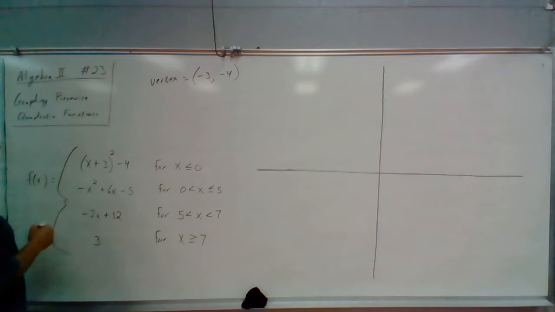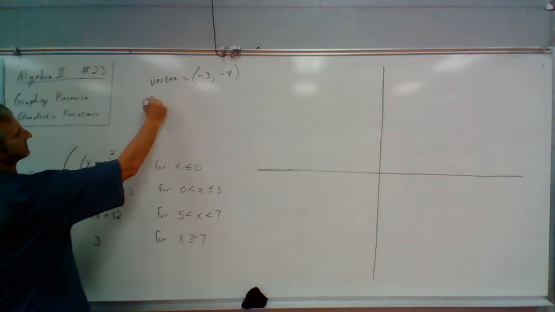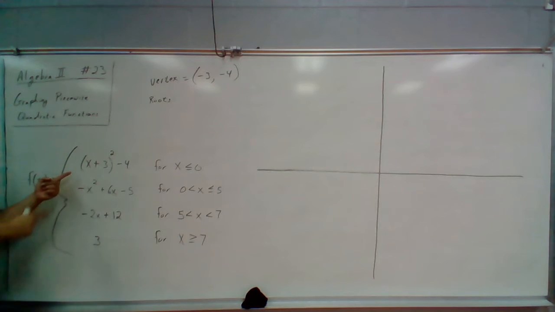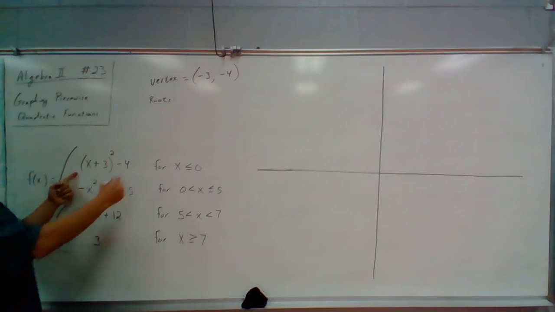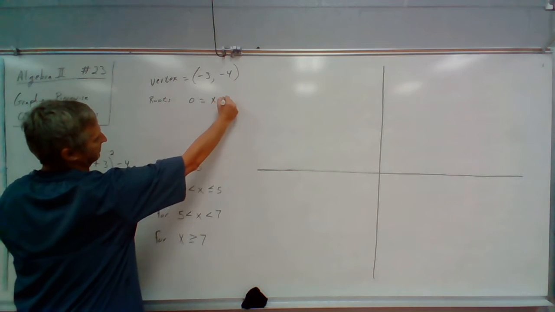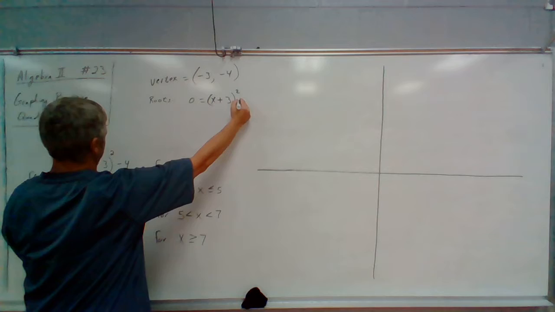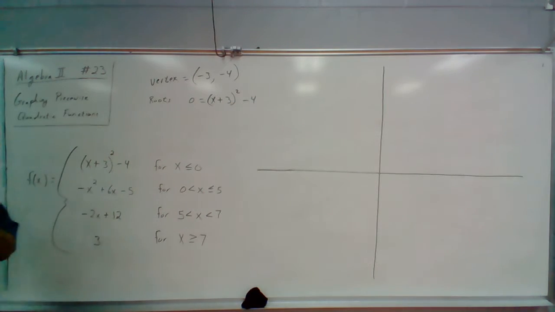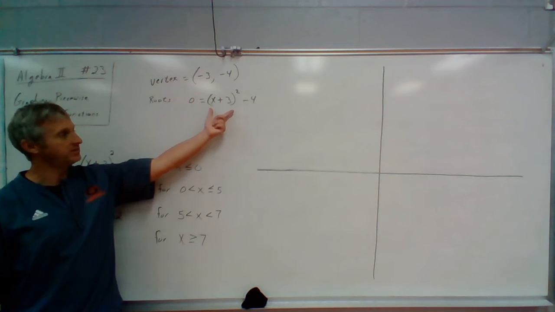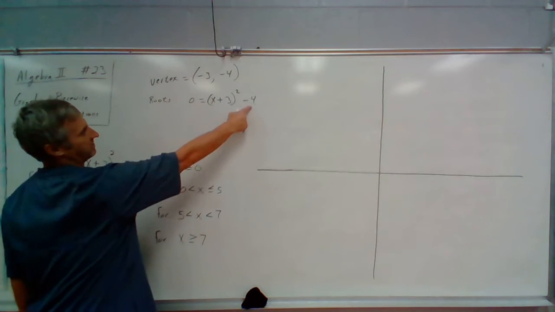Okay, let's find the roots. To find the roots, I need to set this equal to 0. So 0 equals (x plus 3) squared minus 4. The easiest way to solve this is by isolating the expression being squared and taking the square root of both sides. So I'm going to add 4.